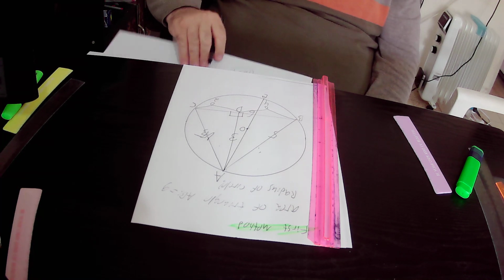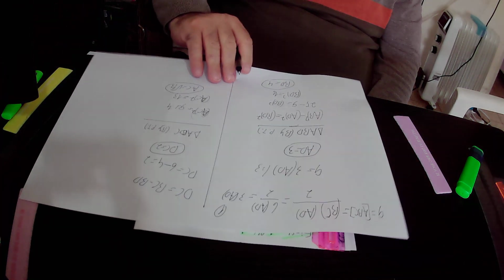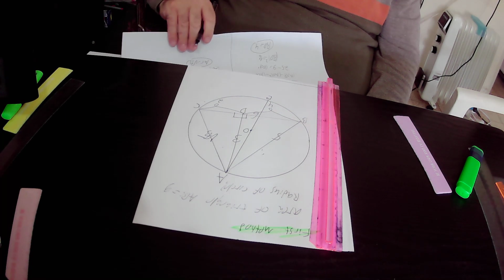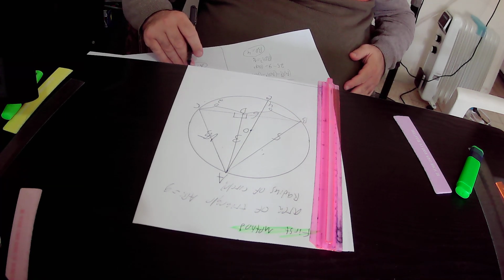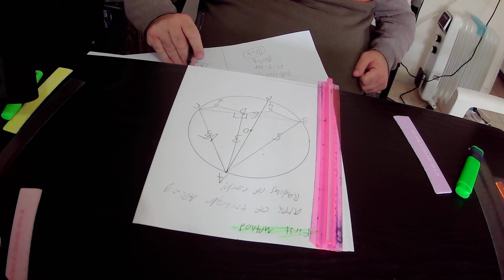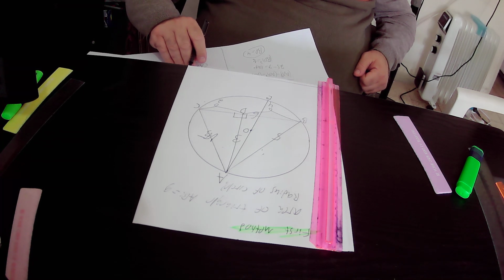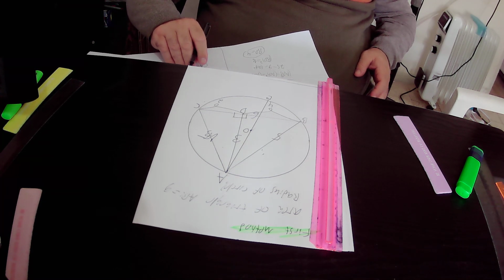So here, AE is a line segment that passes through the center. Any chord inside a circle that passes through the center of the circle is defined as the diameter.